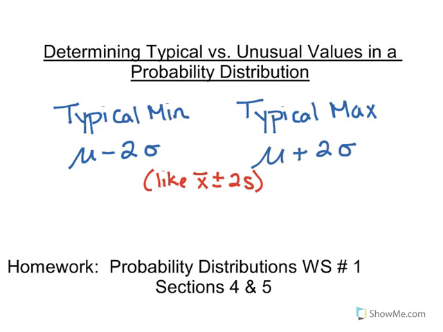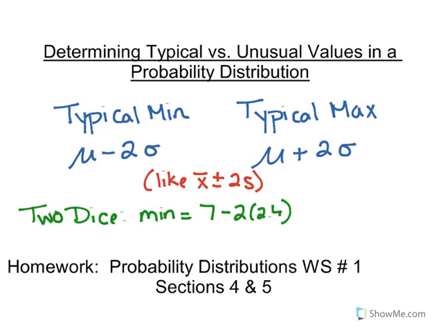So if we go back and look at the 2 dice example one last time, and we look at the problem we just did, we were looking at getting a 10. So the minimum there would be equal to the mean 7 minus 2 times 2.4, and that comes out to 2.2.